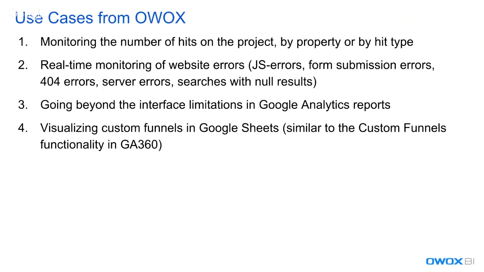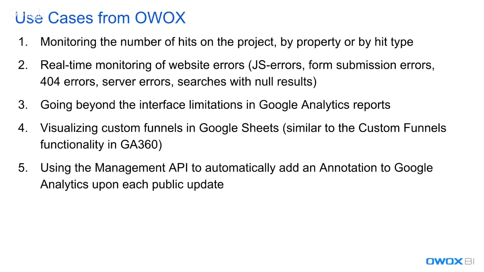But if you use the Google Sheets add-on, you can export Google Analytics data about events and page views to different Google Sheets in different reports, and then you can combine it and visualize it in the way you want.